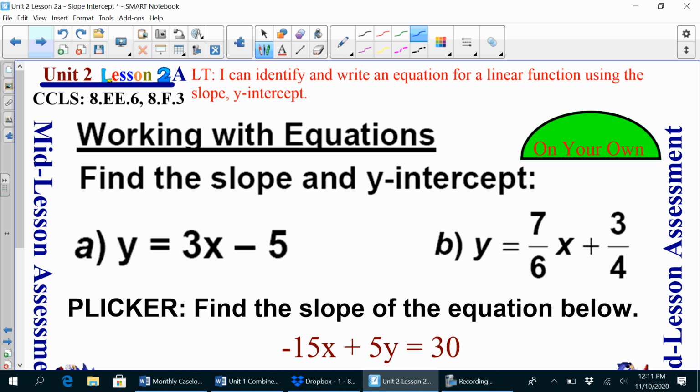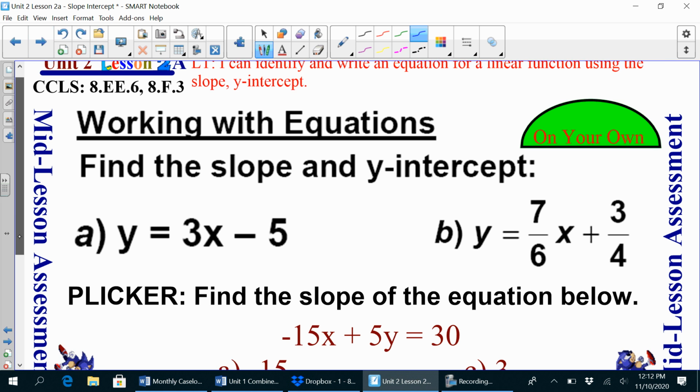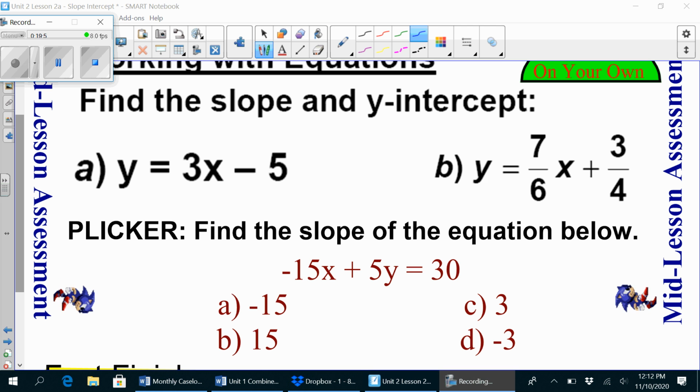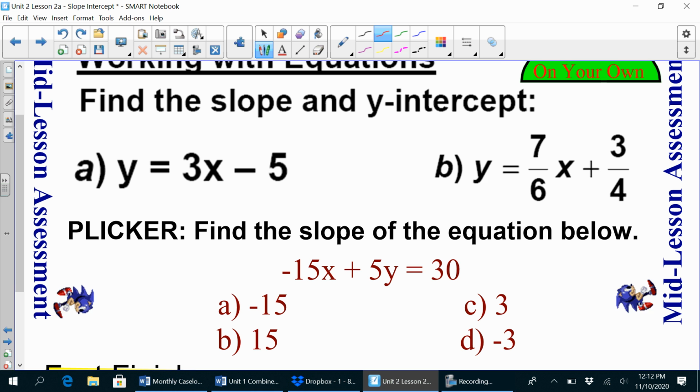So here it says working with equations, find the slope and y-intercept. For the first part, if we have to find the slope, we'll identify that in red. The y-intercept we'll identify in blue.